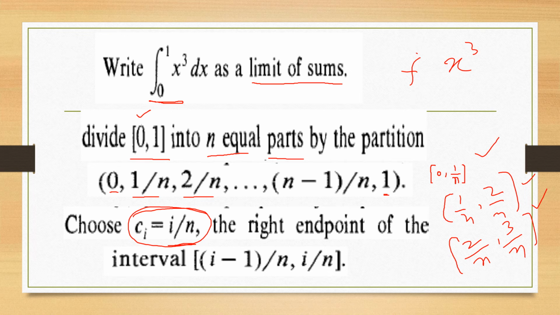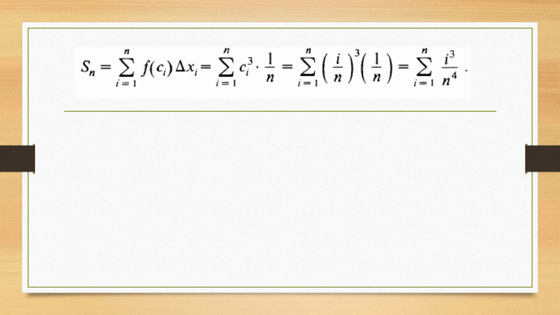The Riemann sum Sn is equal to the summation where i varies from 1 to n of f of Ci delta xi. Ci is selected, and delta x is equal to delta xi.